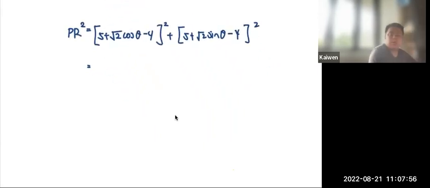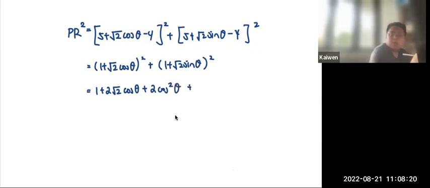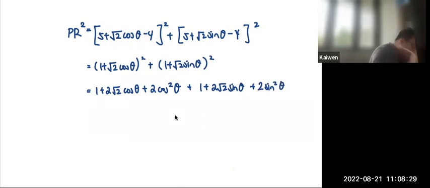If you simplify this expression, you will get (1 plus root 2 cosine theta) squared plus (1 plus root 2 sine theta) squared, and we can expand. So 1 plus 2 root 2 cosine theta plus 2 cosine squared theta, plus 1 plus 2 root 2 sine theta plus 2 sine squared theta.